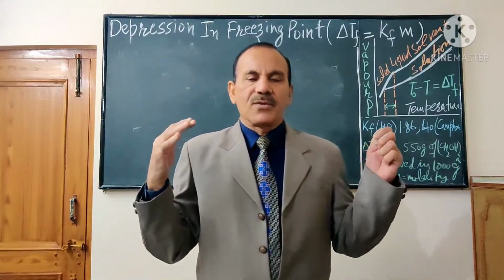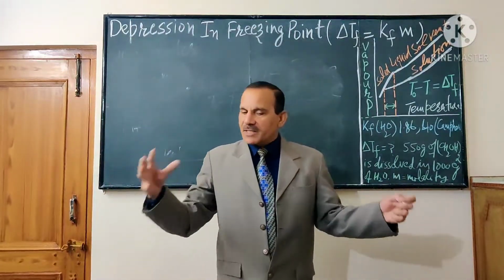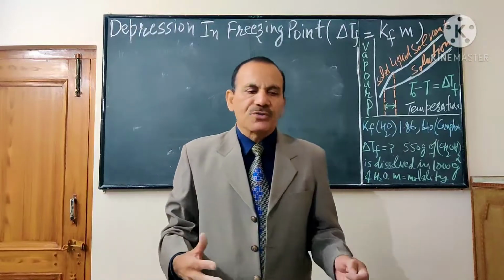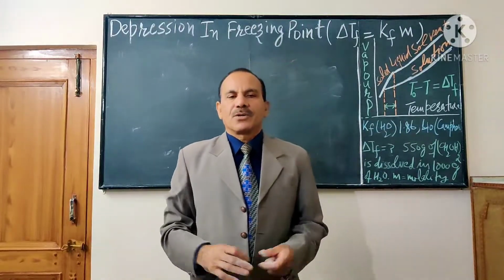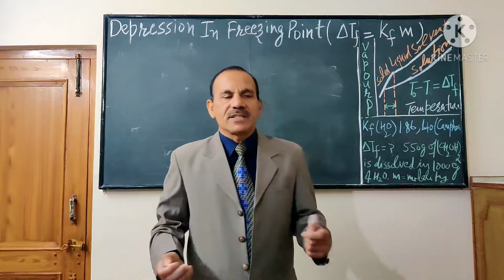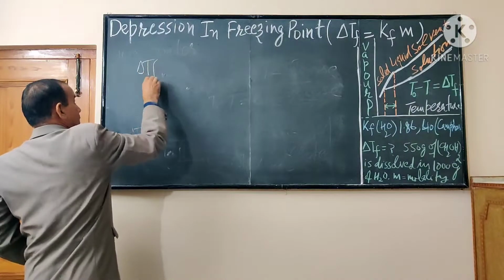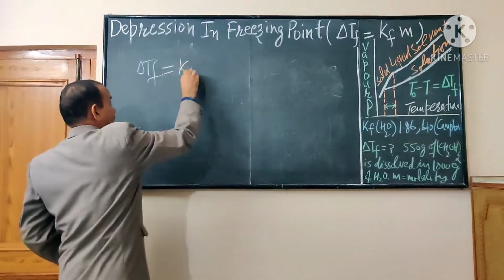We are not considering volume, right? On changing temperature, volume changes, but amounts of both substances don't change. That is why molality remains unchanged on changing temperature. So ΔTf is equal to Kf into m.